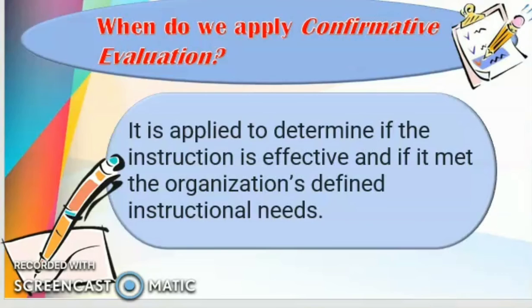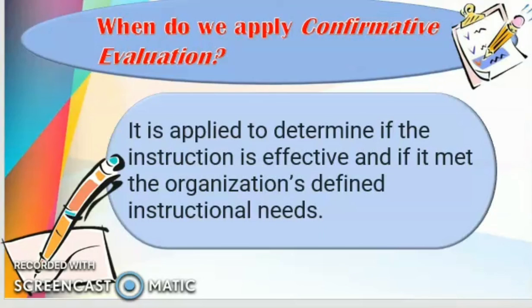Confirmative evaluation goes beyond the scope of formative and summative evaluation and looks for whether the long-term effects of instruction are what the organization was hoping to achieve. Is instruction affecting behavior or providing learners with the skills needed as determined by the original goals of the instruction?